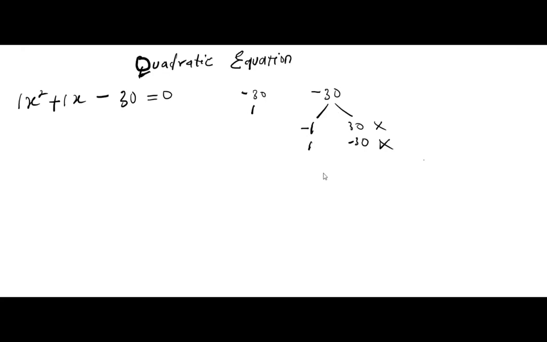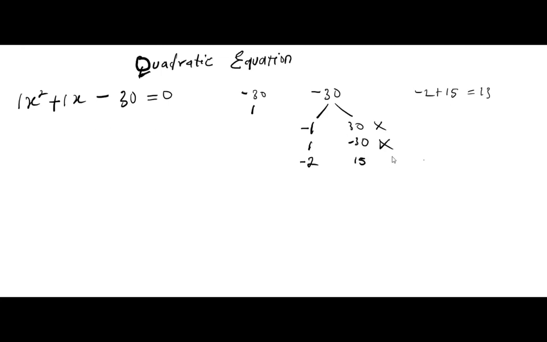So let's take the other factors. We have 2 and 15. 2 times 15 will give us 30. So when we attach the sign, let's attach the negative sign here. We have negative 2 times 15 will give us negative 30. That is good. But negative 2 plus 15 is 13.